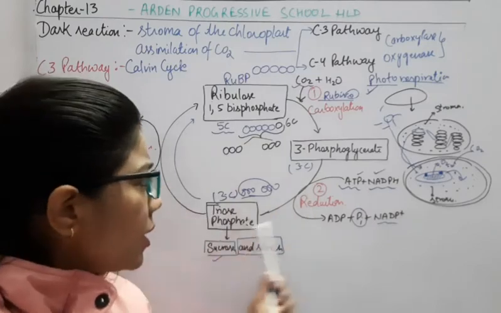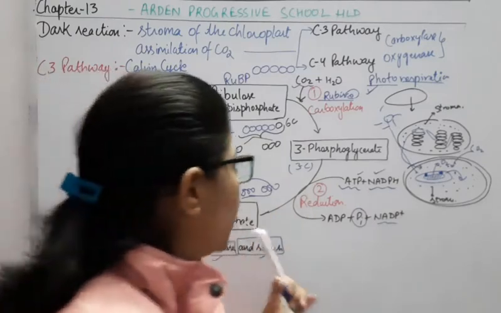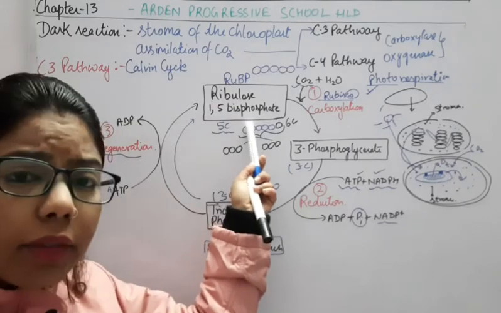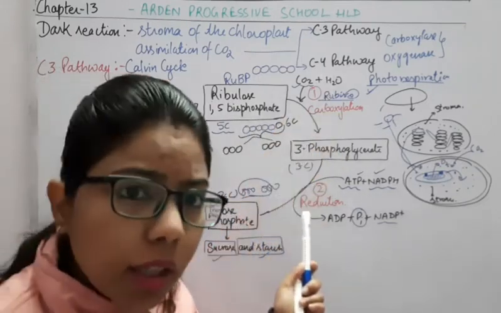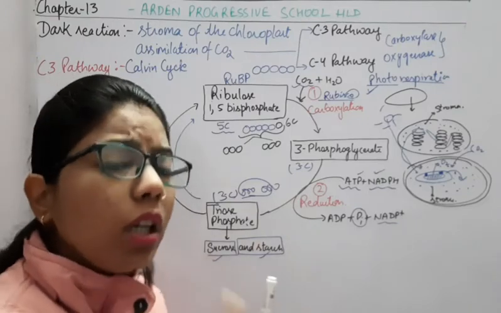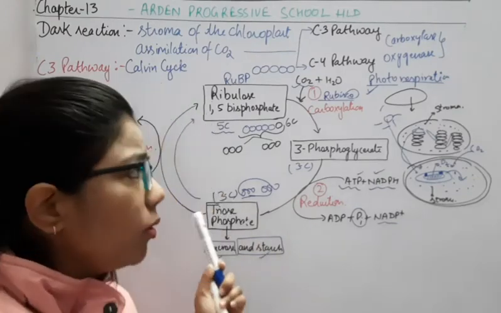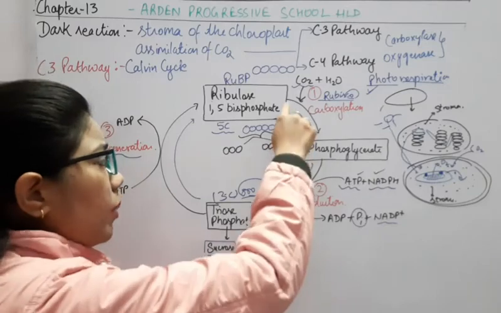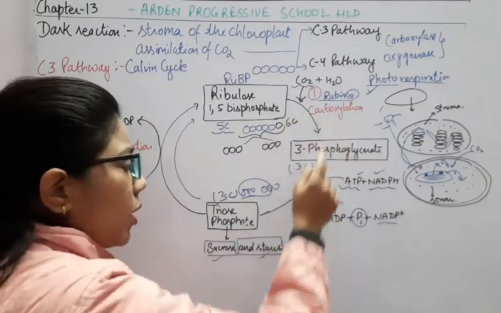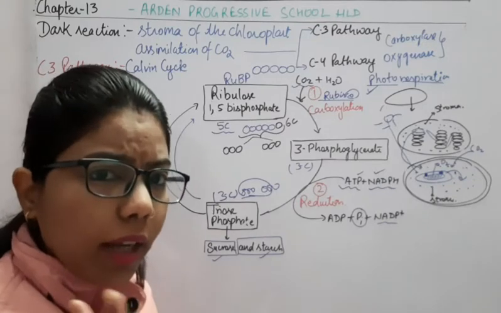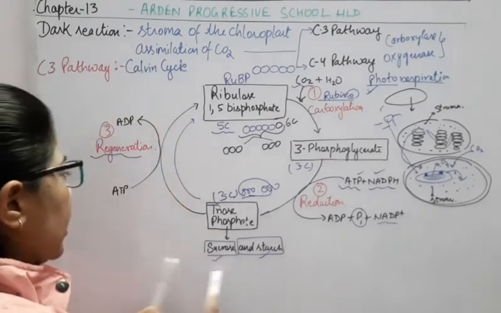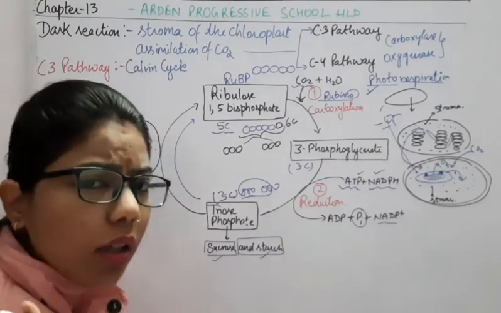Right, and in this, what we have done is, in the starting we have the 5-carbon compound. Addition to it we get a 6-carbon compound, then it will split into 2 molecules of 3-carbon compound. So from this part to this part, in carboxylation and reduction, we are having 2 molecules, and here again 1 molecule.